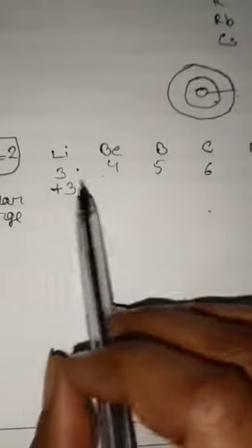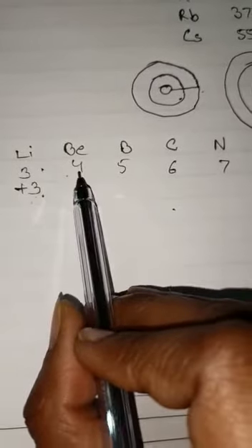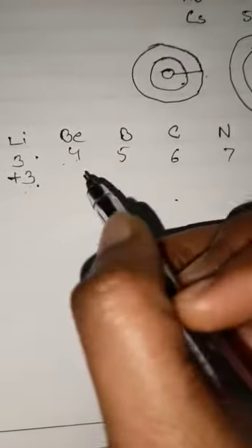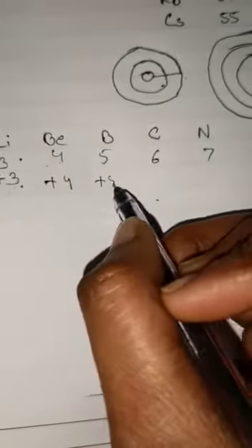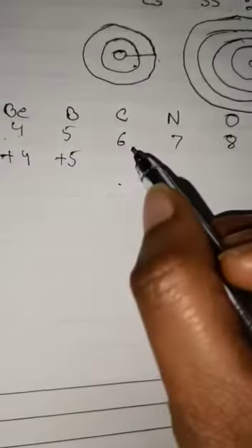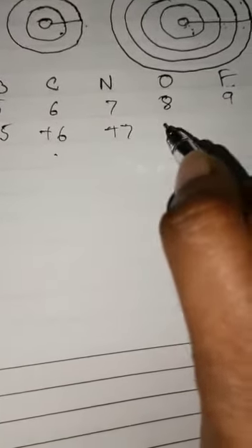So the nuclear charge on lithium will be plus 3. Here atomic number 4 means the number of protons will be 4 and the nuclear charge will be plus 4. Number of protons will be 5, nuclear charge plus 5. Nuclear charge will be plus 6, plus 7, plus 8, plus 9, plus 10.